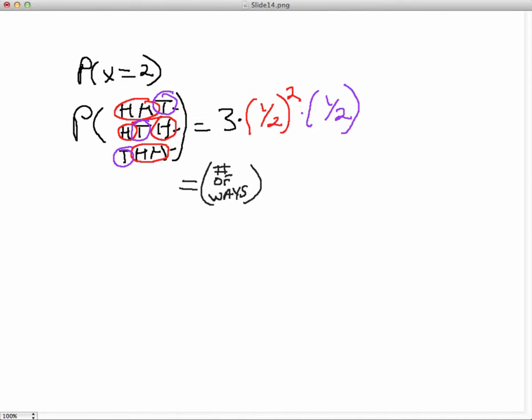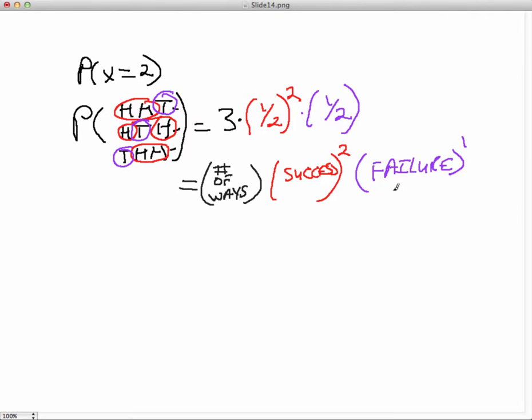And then we need to know what? We need to know the probability of success. So this is success right here. And that's going to be raised by the number of successes that happened, okay, which in this case was a 2. And then we need to know what the probability of failure was. In our case, it was 1/2. In other words, what's the probability of not seeing what we wanted to see?